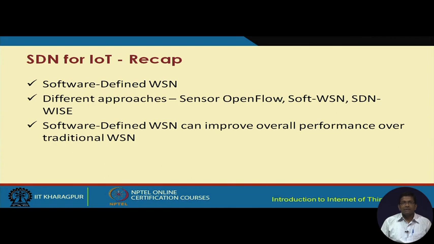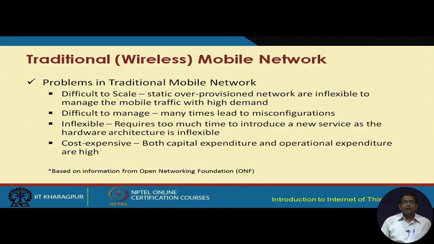We have different SDN approaches for WSNs, like Sensor OpenFlow, Soft-WSN, and SDN-WISE, already available in the literature, which the community can use if they want to implement SDN for WSNs. And we have also discussed how software defined WSN can improve the overall performance of the network compared to traditional WSNs. So, this is what we discussed earlier.